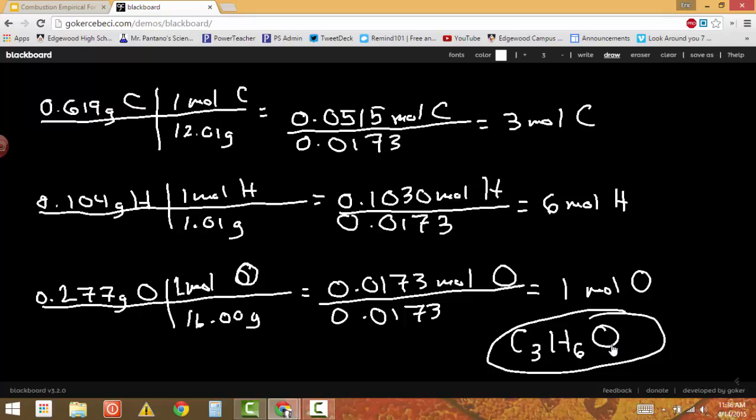That's the first part. Now the second part is I want the molecular formula. If you remember, for the molecular formula you need the empirical formula, which I now have, and you need the molar mass. So the empirical formula is C3H6O.